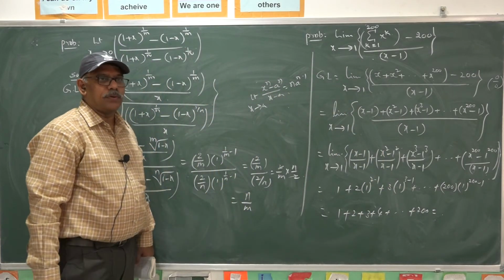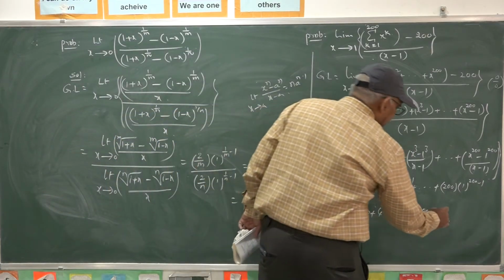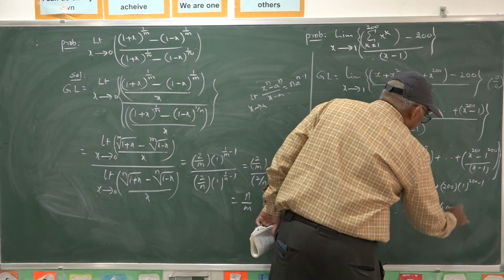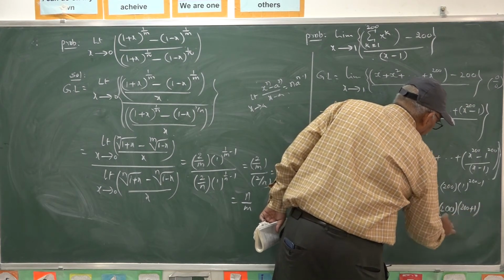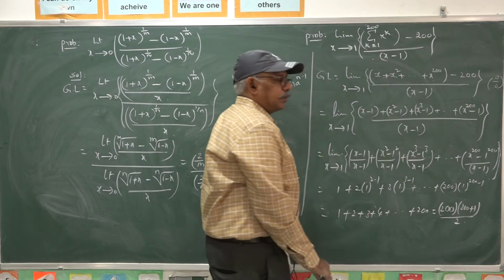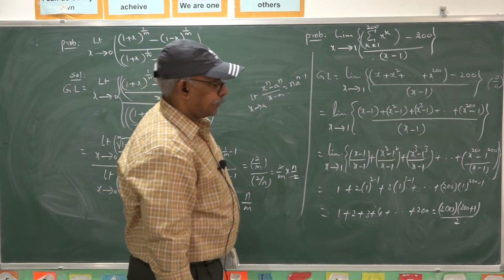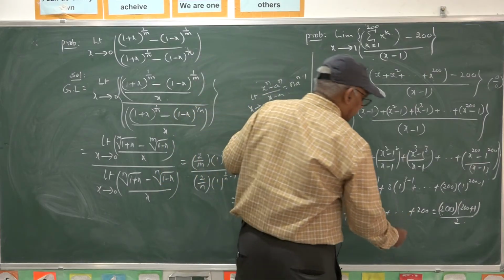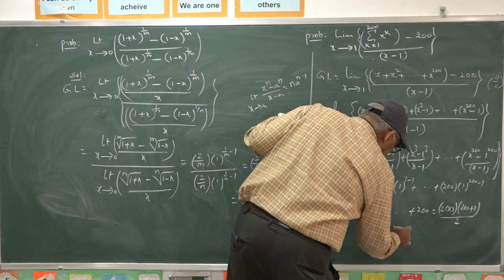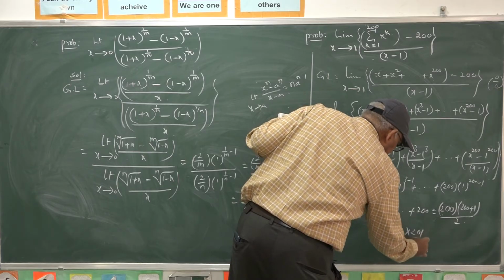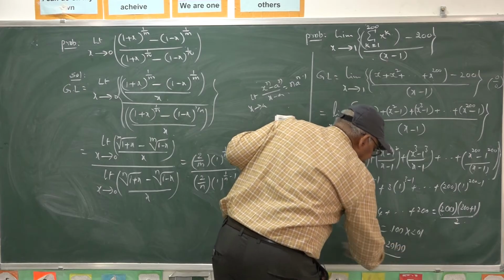The sum of first 200 natural numbers, based on the sum of first n natural numbers formula, that is n into n plus 1 by 2. Here n is 200. So, 200 into 200 plus 1 by 2. 200 by 2 gives us 100 into 201, that is 20100.